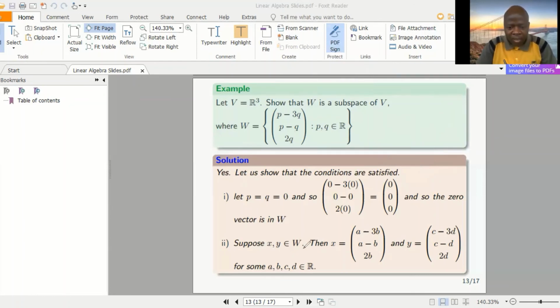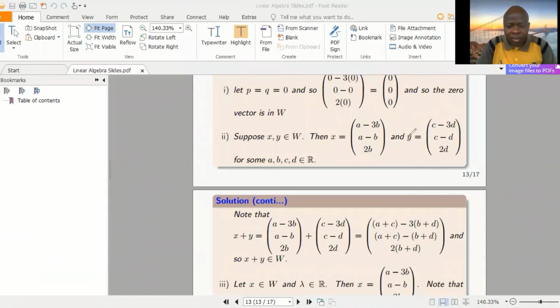So I said, suppose x and y are in W. Let x be that and y be that for some scalars A, B, C, D. So what about the sum? We've chosen this to be x and this to be y. So the sum will be this.